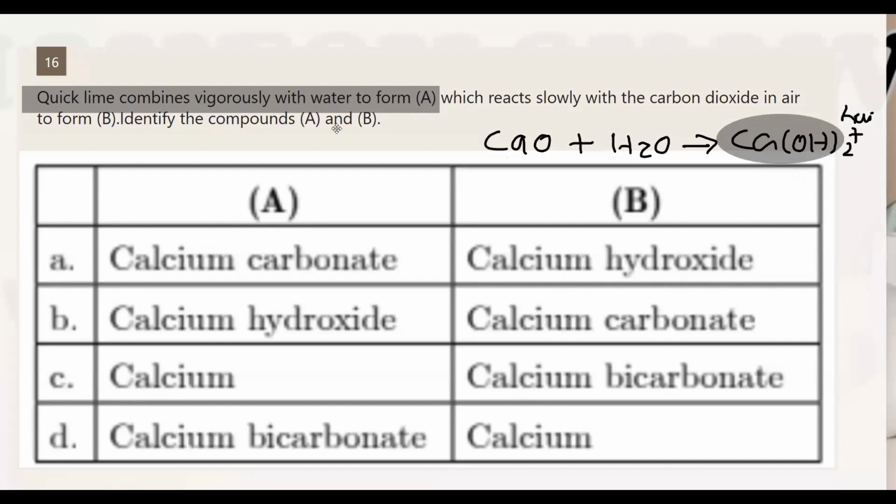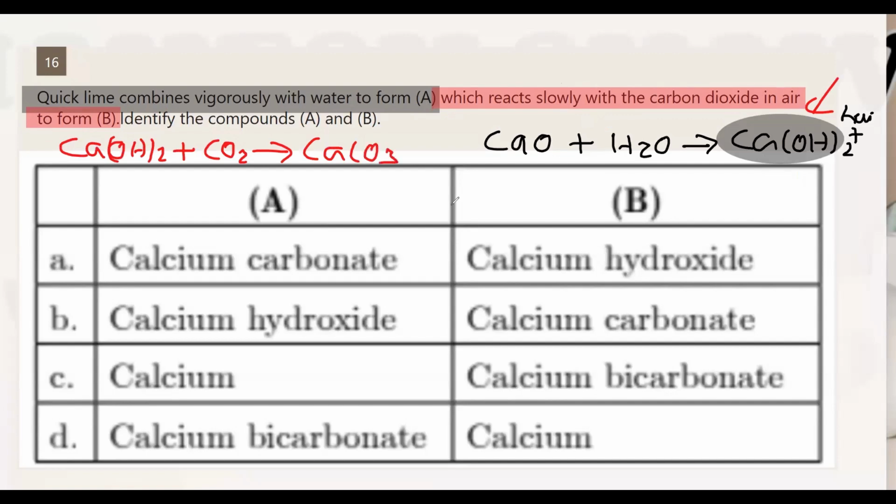This is calcium hydroxide or slaked lime. Now, the later part says which slowly reacts with carbon dioxide in the air to form B. This calcium hydroxide, Ca(OH)2, slowly reacts with carbon dioxide present in the air to form a thin layer of calcium carbonate, when it is applied on the wall.